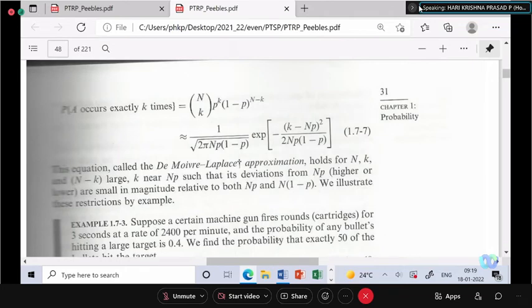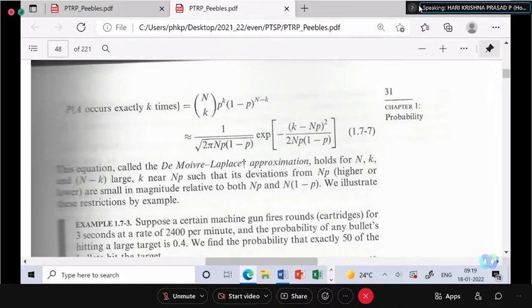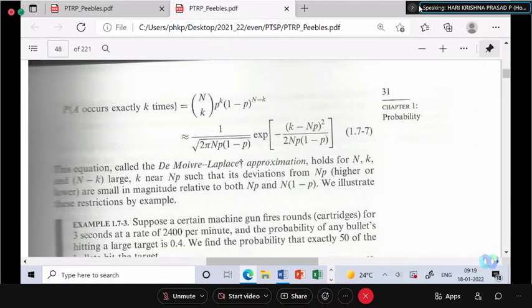This approximation is referred to as the de Moivre-Laplace approximation, and it holds for capital N, small k, and n minus k large. K near np such that its deviation from np, higher side or lower side, are small in magnitude relative to both np and n times (1 minus p).